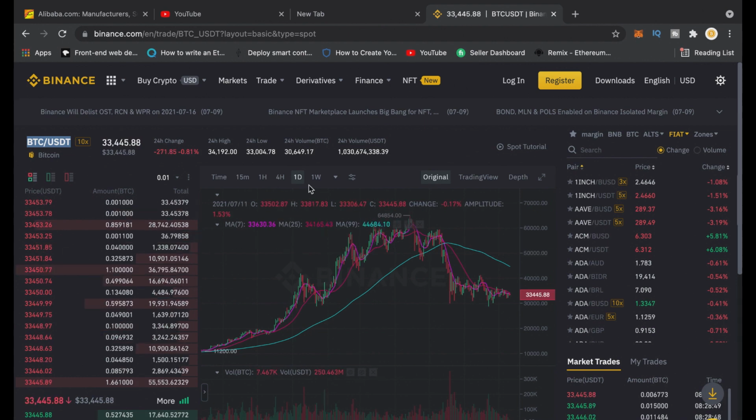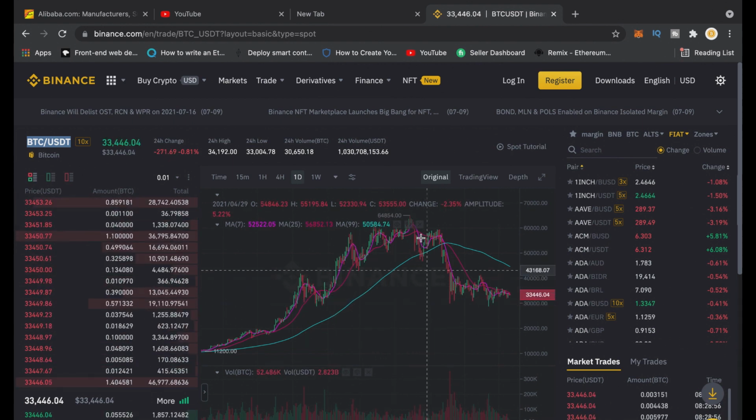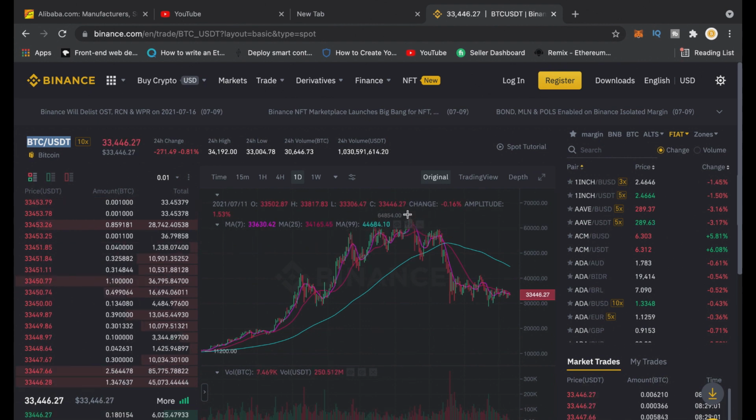So if you see here, I've put the chart on a single day, which means every candle on the graph here just represents a single day, and then from here you see that this was the highest this BTC was at a couple of days ago, which was here.